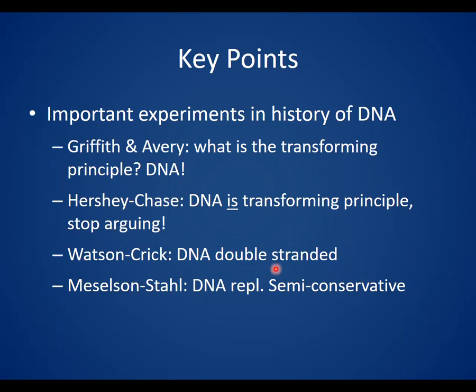Watson and Crick then showed the structure of DNA: DNA was double-stranded, and one strand served as a template to make a new strand. And then Meselson and Stahl showed that the replication was semi-conservative. Each daughter cell gets one old strand and one brand new strand after mitosis.